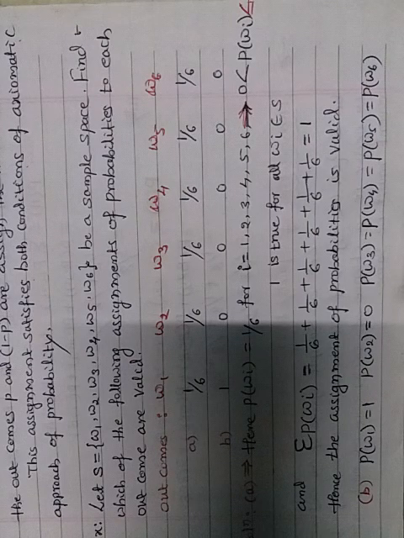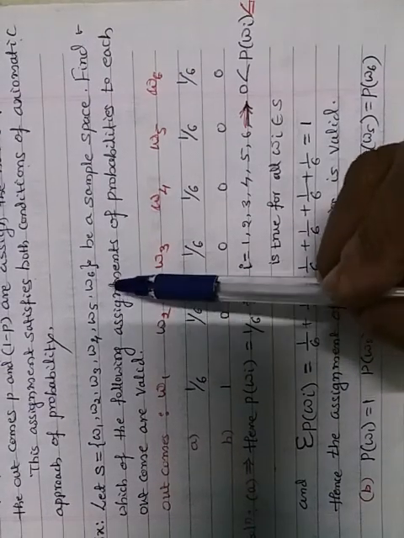Consider one more example. Let the sample space S be denoted by omega 1, omega 2, omega 3, omega 4, omega 5, omega 6.